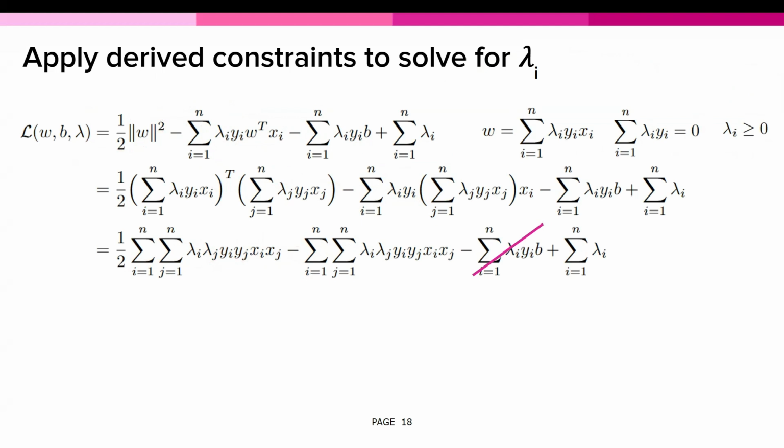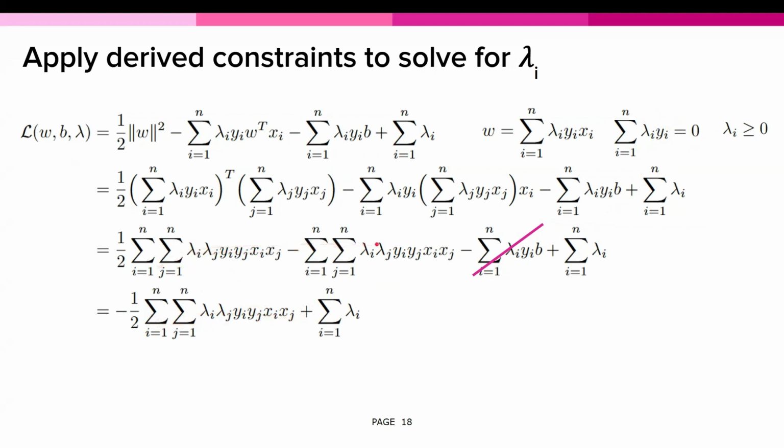After expanding these terms, we still have some remaining terms that involve the bias. But we've already identified that the sum of the Lagrange multipliers times the class labels must equal 0, so we can just eliminate this term involving the bias. We can simplify even further by summing the two terms, as they're scaled versions of one another.